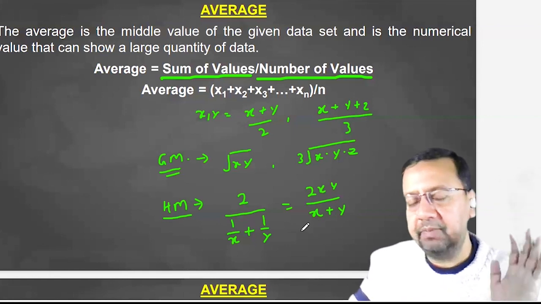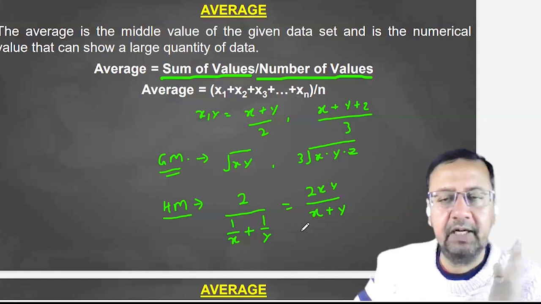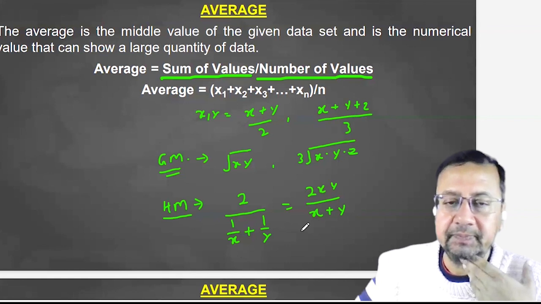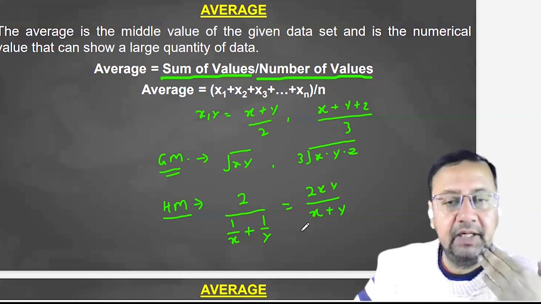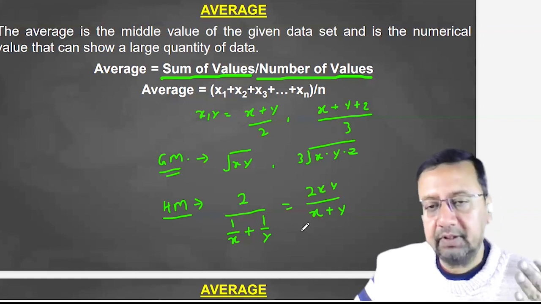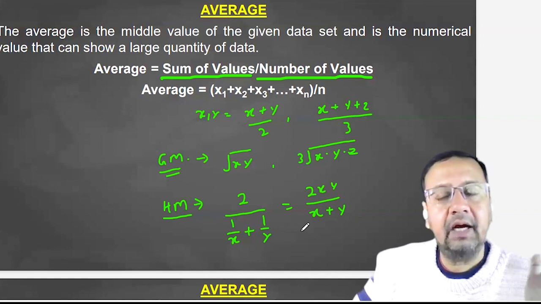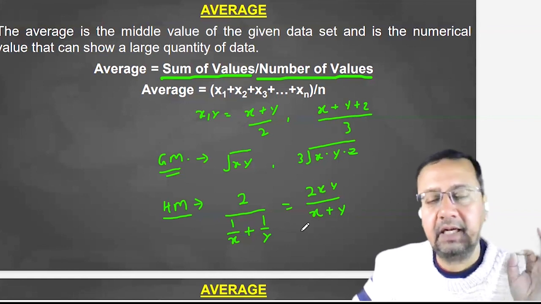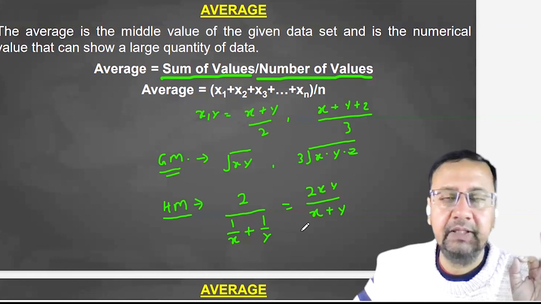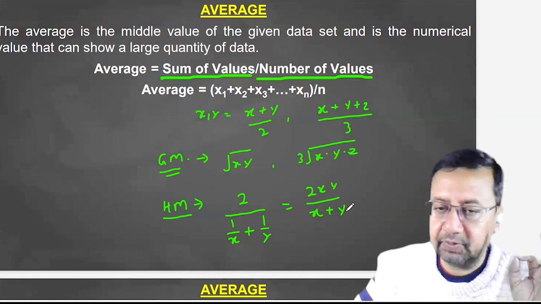So first, simple average is defined as the sum of the values divided by the number of values. Geometric mean is defined as the nth root of the product of the numbers. And harmonic mean is defined as the count of the values divided by the sum of their reciprocals.